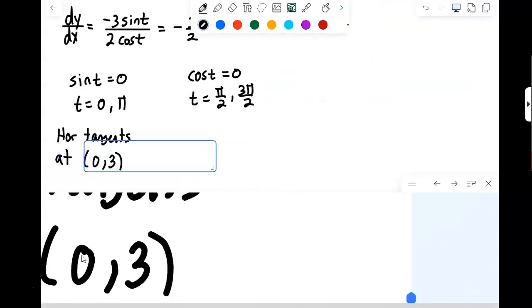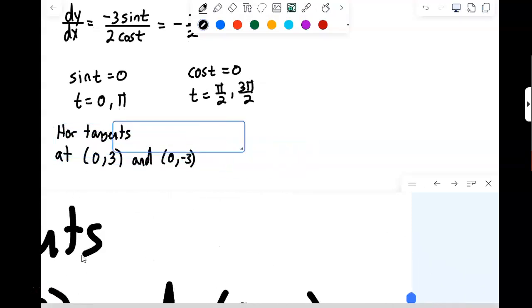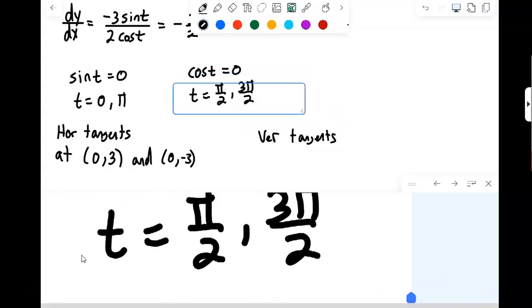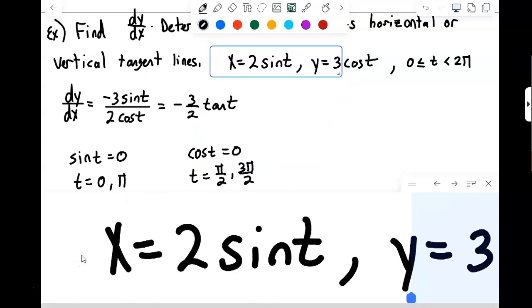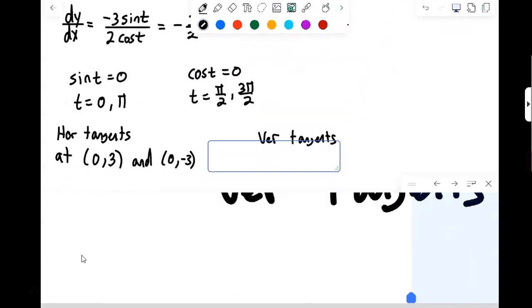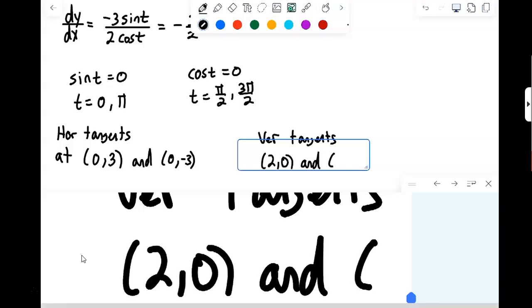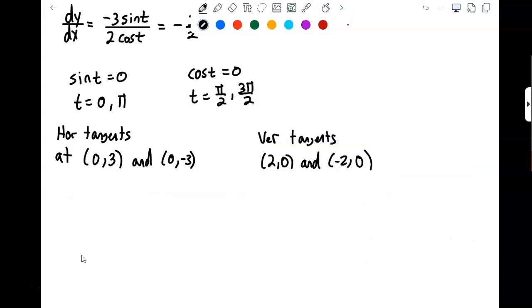So at (0, 3) and at (0, -3), we're going to have horizontal tangents, and we're going to have vertical tangent lines at these points, which would occur if we plug pi over 2 in. Sine of pi over 2 is 1, so 2 times 1 would be 2. 3 times 0 would be 0, so at the point (2, 0) and at the point (-2, 0). Okay, so those are where our horizontal and vertical tangents are going to happen.